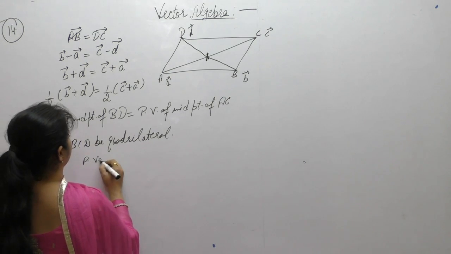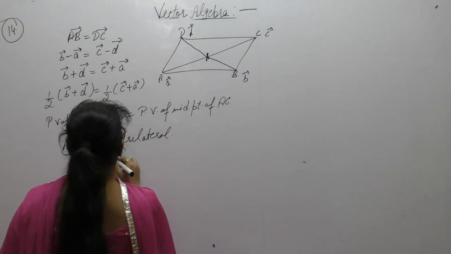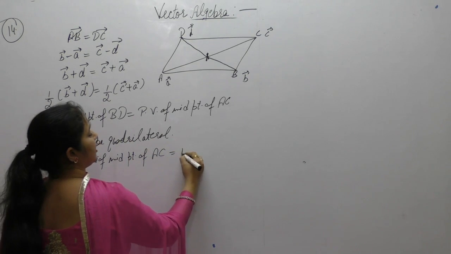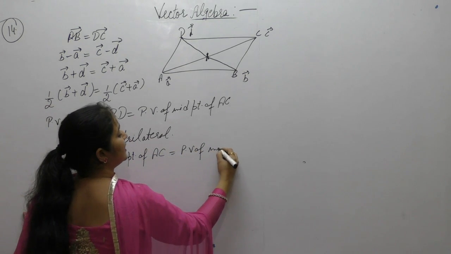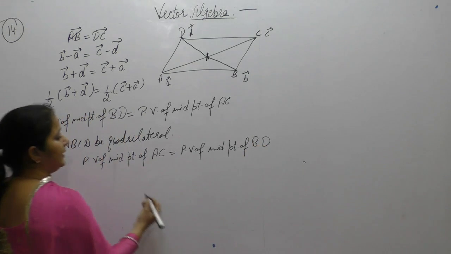Now, since diagonals bisect each other, the position vector of the midpoint of AC is equal to the position vector of the midpoint of BD.